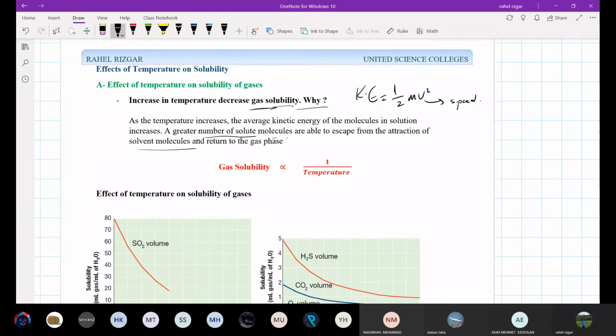It's the same thing I explained for rate of dissolution. Every time we increase temperature, the kinetic energy increases and the attraction between solute and solvent will be less. For example, imagine four kids, all of them holding hands, walking.